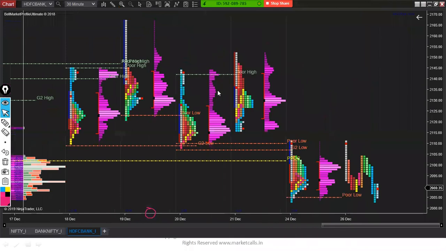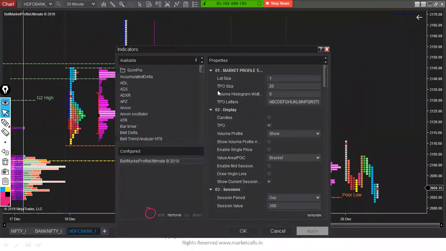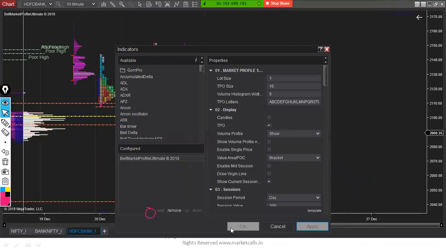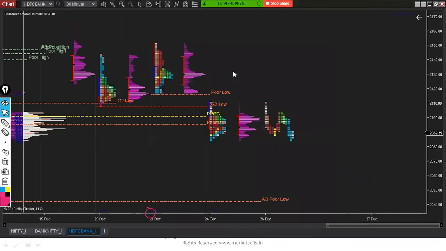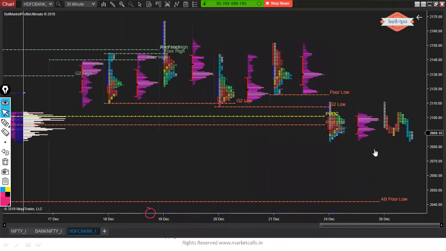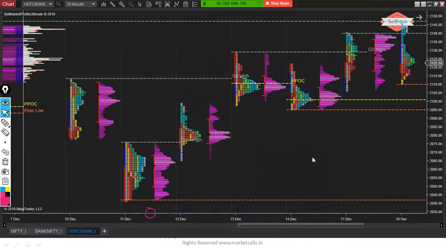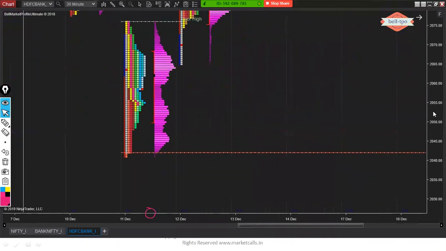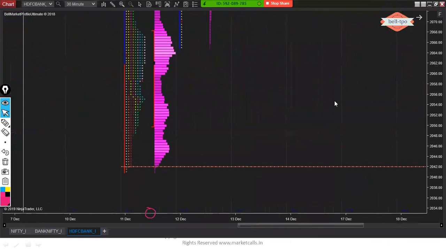So I'll go to indicators and make it 50 paise. And there was an AB poor low. There is one AB poor low over here that is still in reference here. You see the AB poor low.